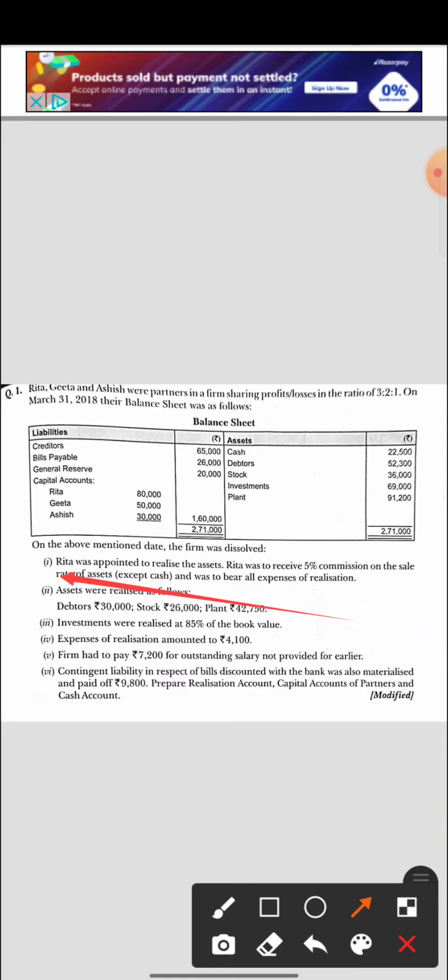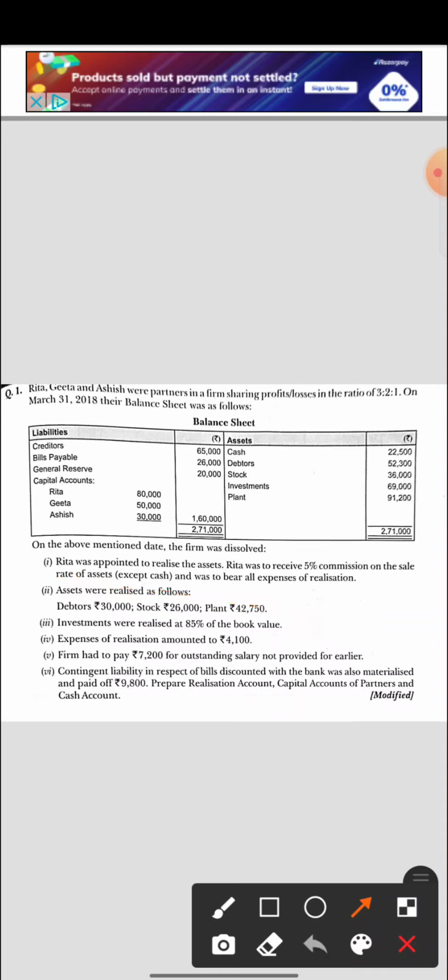Okay, she will get 5% commission on sale of asset and was to bear all the expense. She will take care of all the realization. What is realization? Paying off our debts and selling off the assets. Those are realization. So that will be done by whom? By Rita. Rita is one of the partners. Rita, Gita, and Ashish.